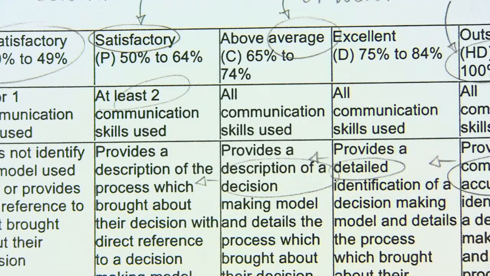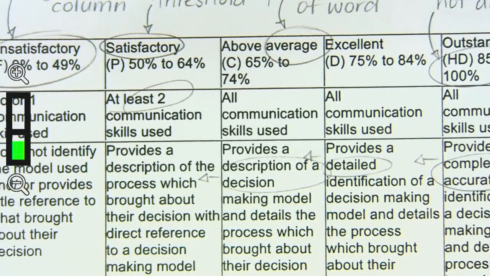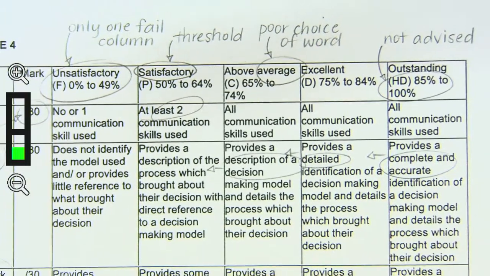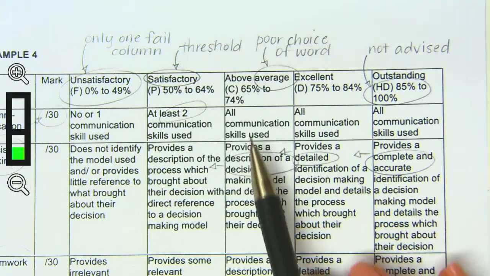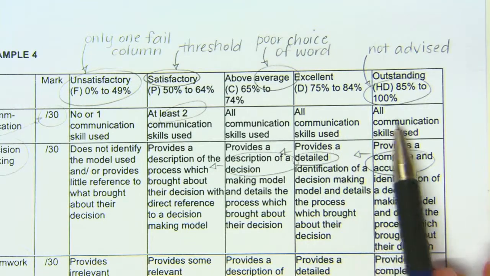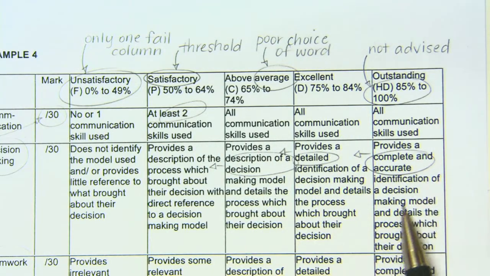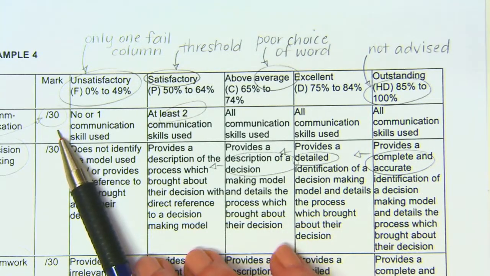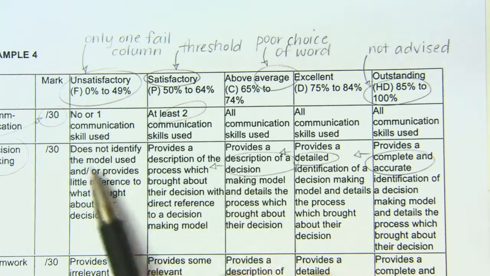So the other thing about this particular criterion is that, with these 3 requiring all communication skills, it is in effect a type of hurdle. Now, it's unadvisable to have a hurdle marked out of 30, because it could affect the final grade really substantially.